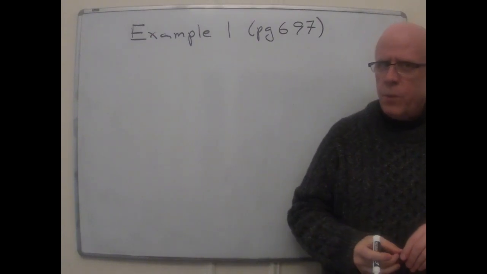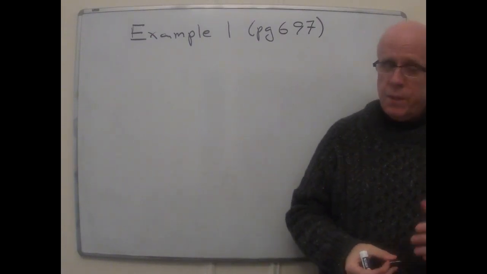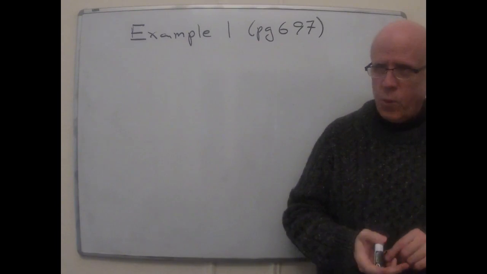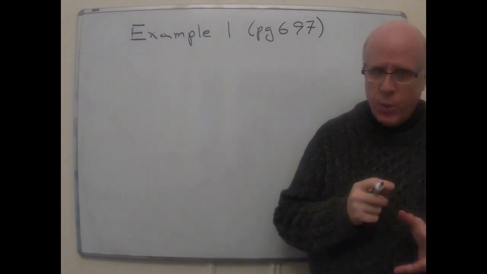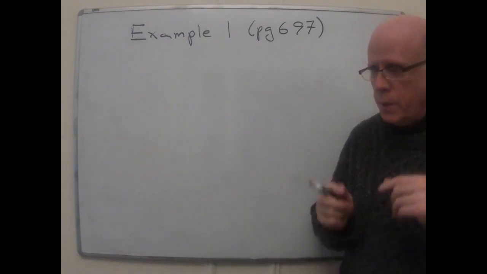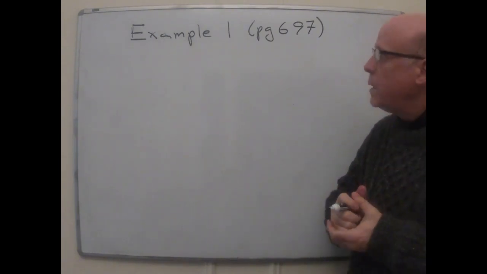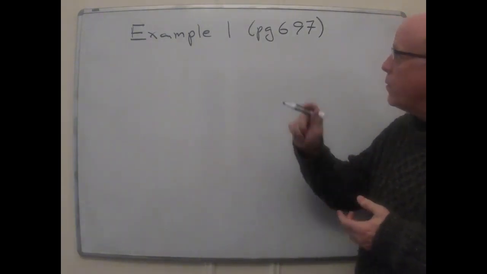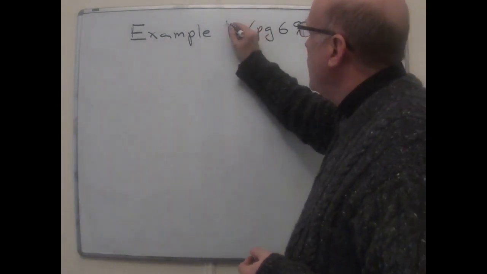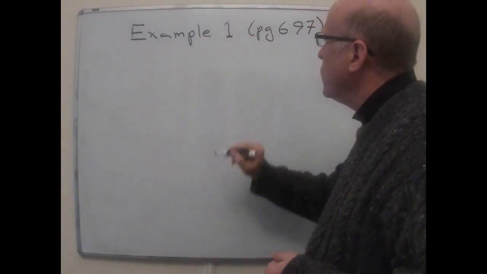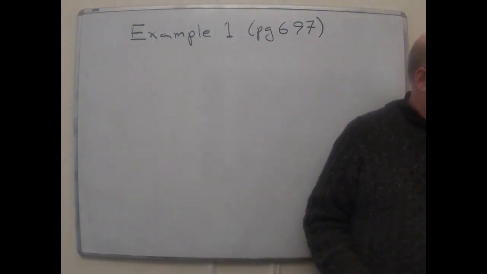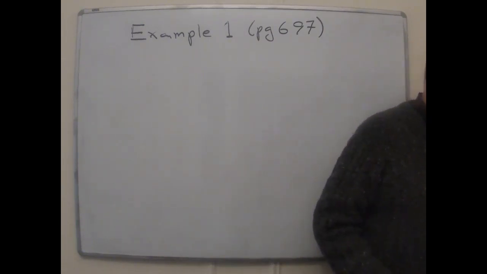Here's an example of using the ratio test, because I think once you've grasped what it says, it helps to put it in practice at least once so that you can really internalize it. There's example number 1 on page 697, which has 3 parts, A, B, and C. I'm going to look at part B, because I think they're a little fast in the algebraic manipulations in terms of showing the ratio test works here.